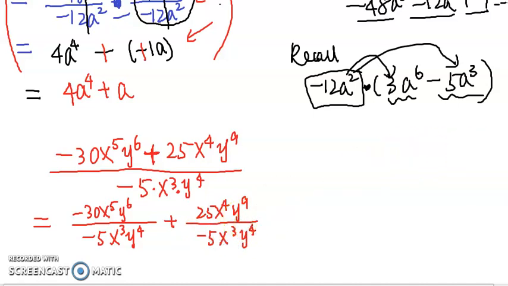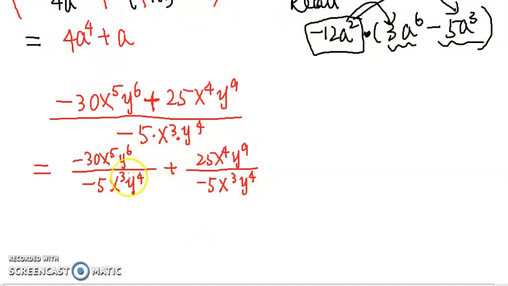If you can't do it in your head, I would write down this step clearly so we won't make mistakes. But if you can, yes, you can do this step in your mind. And then we're going to divide each monomial by a monomial, because one term on the top, one term on the bottom. And the same for the other one.